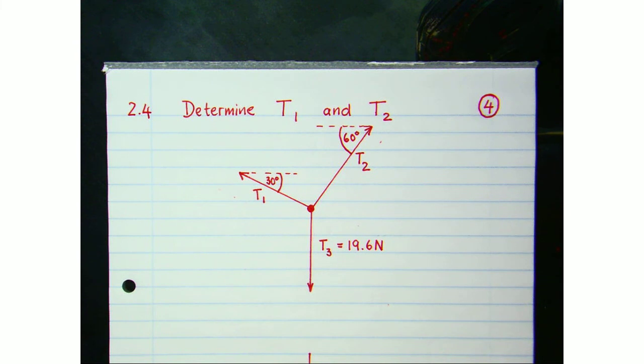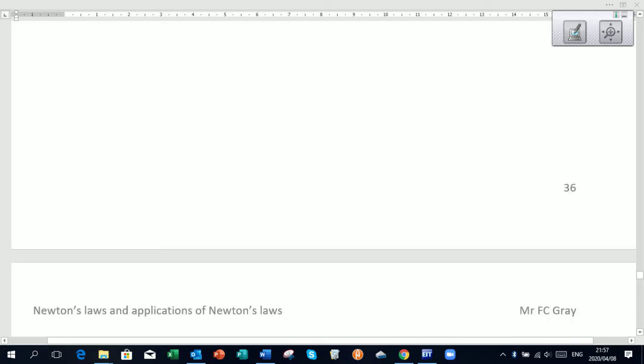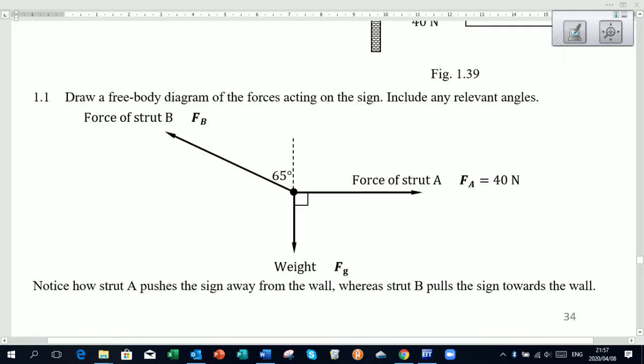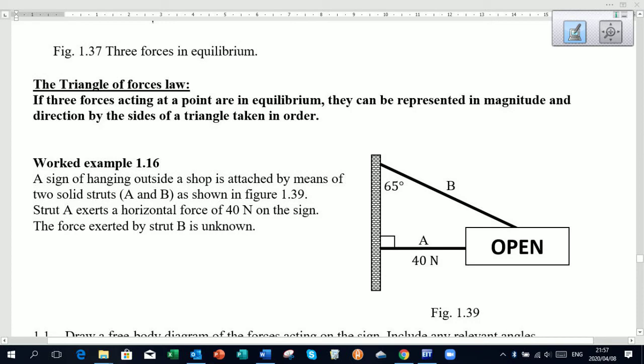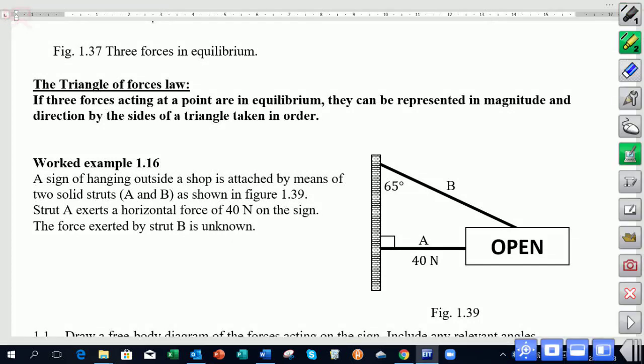So let's just look at the statement of the triangular forces law first. Try and find that. There it is. It talks about if three forces acting at a point are in equilibrium, so the net force is 0, they can be represented in magnitude and direction by the sides of a triangle taken in any order.